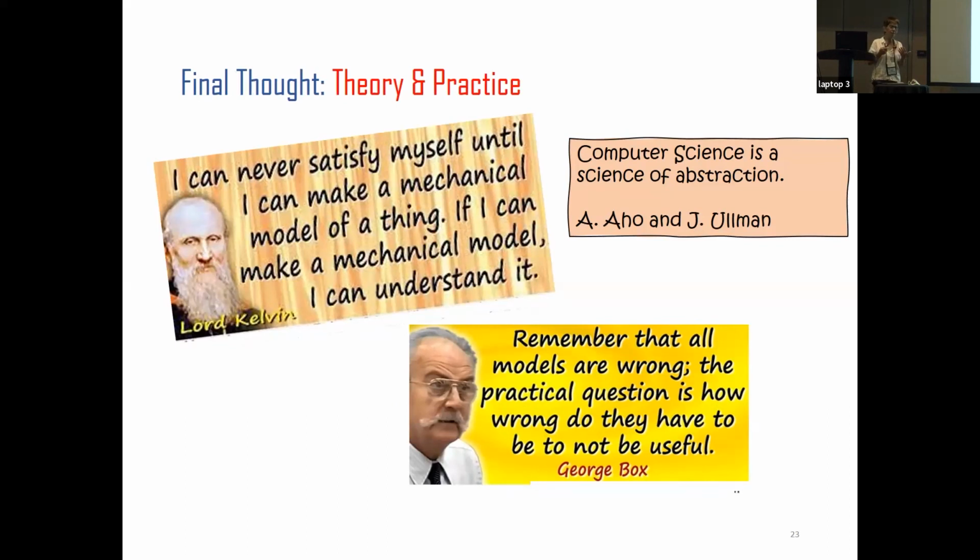But how relevant these models are and how much they can tell us really needs a lot more thinking and a careful look at the particular problem. And with that, I just finish my talk, and thanks for listening.